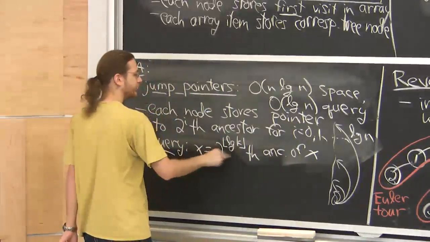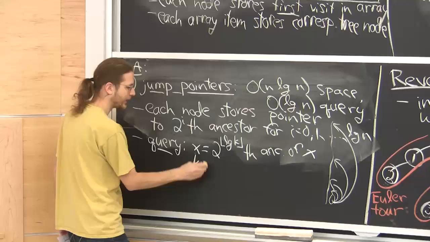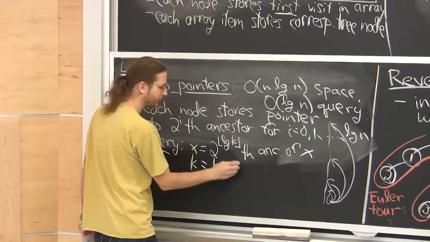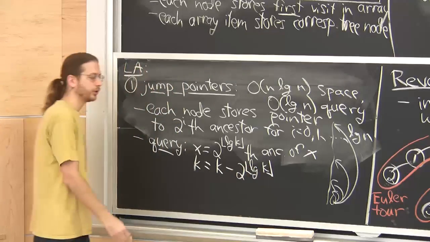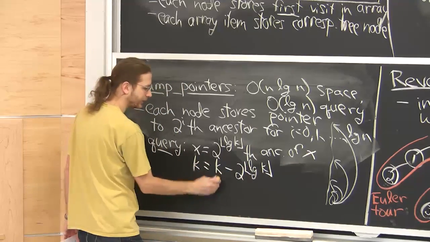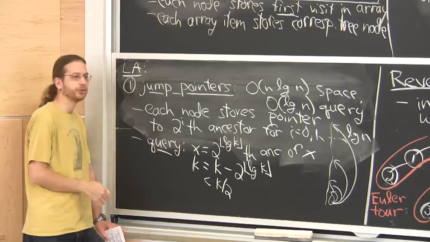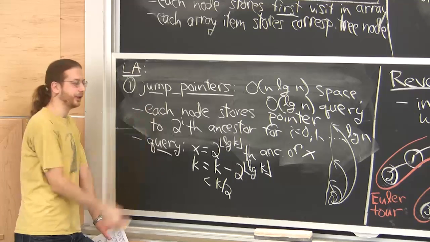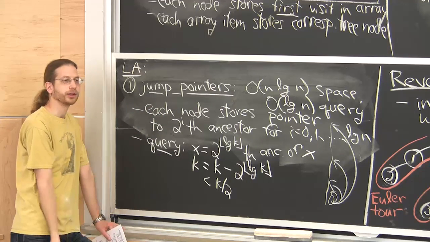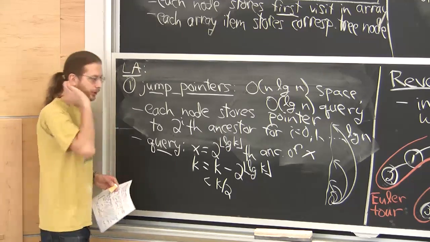So I take the power of 2 just below k. That's 2 to the floor log k. I go up that much. That's my new x, and then I set k to be k minus that value. That's how much I have left to go. This will be less than k over 2, because the previous power of 2 is bigger than half of the thing. So we got more than halfway there, and so after log n iterations, we'll actually get there. Okay, that's pretty easy. That's jump pointers.